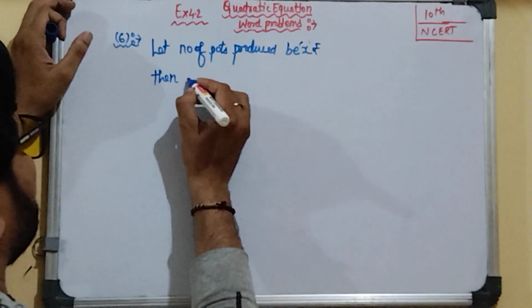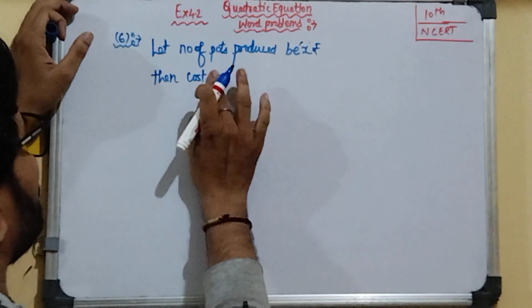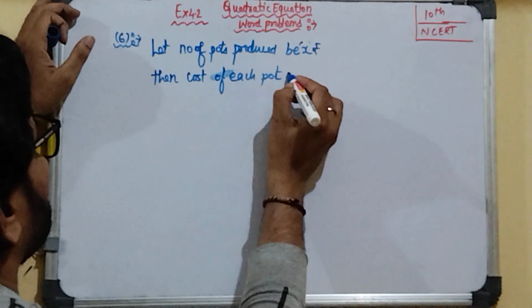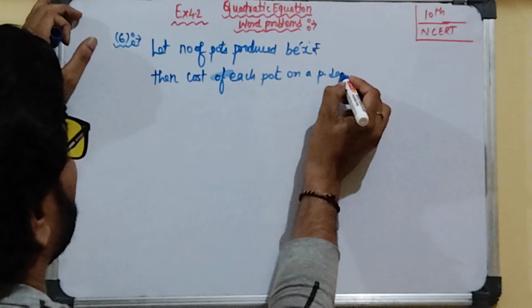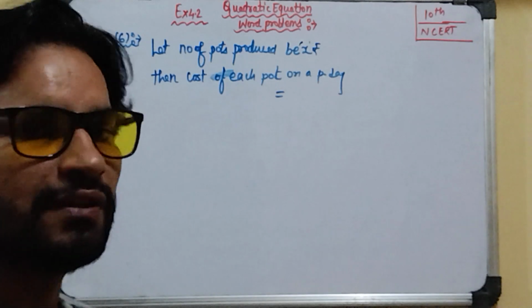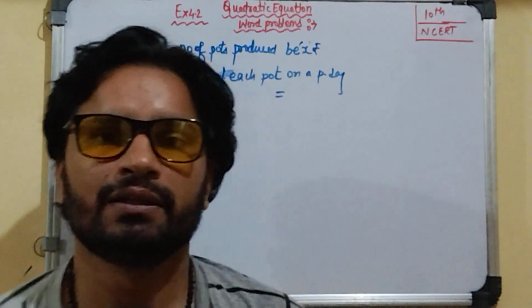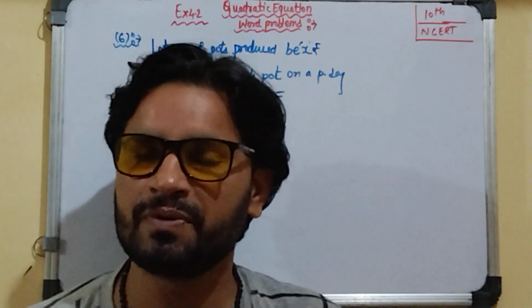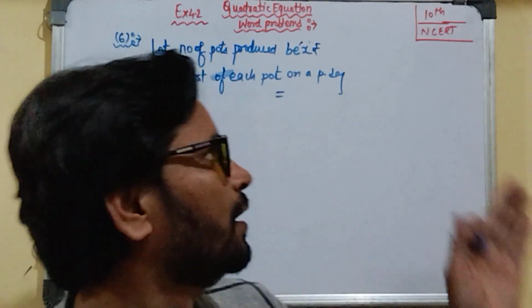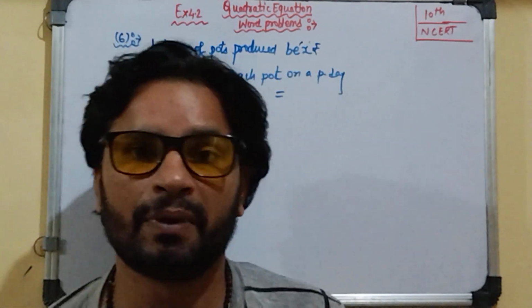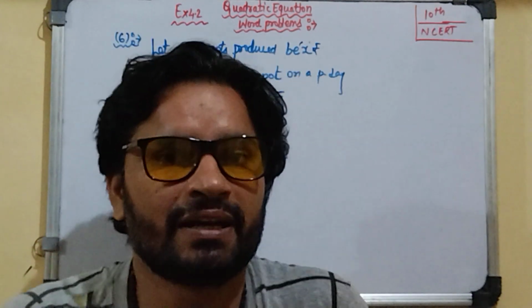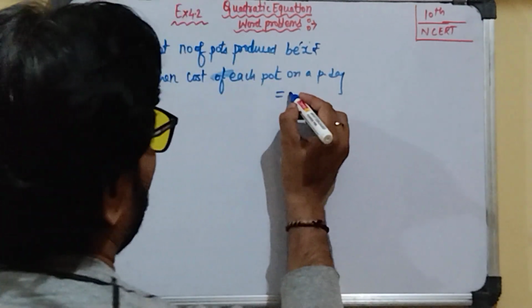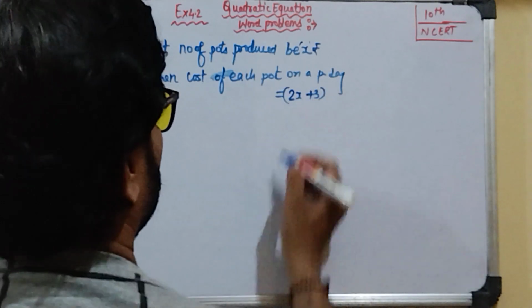Then the cost of each pot on a particular day will be twice the number of pots produced plus 3, that is 2x plus 3.